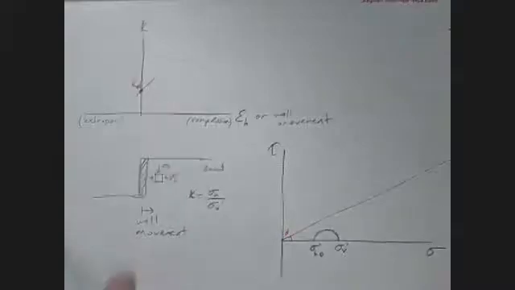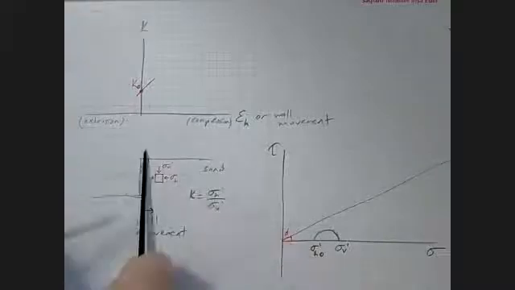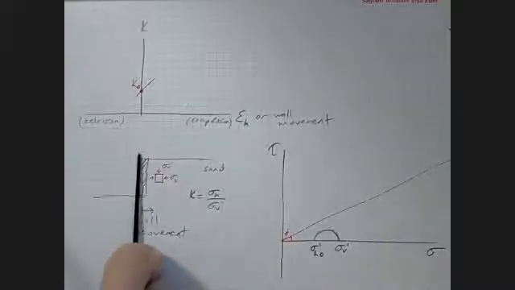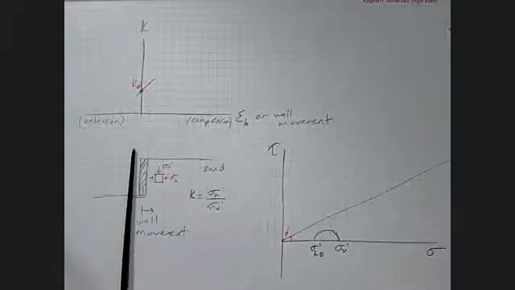Now, in the first case, or actually let's solve the extension part first, it's easier. So when I apply extension to this soil element, or I'm moving this wall away from the soil, I'm reducing stress. Now let's look at how much I can reduce the stress there.